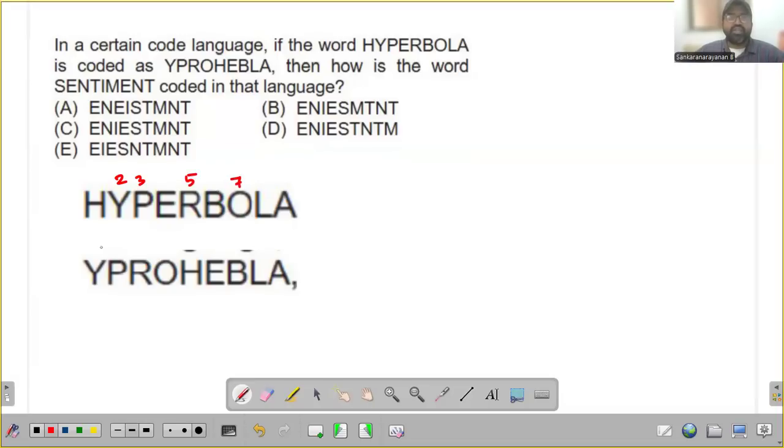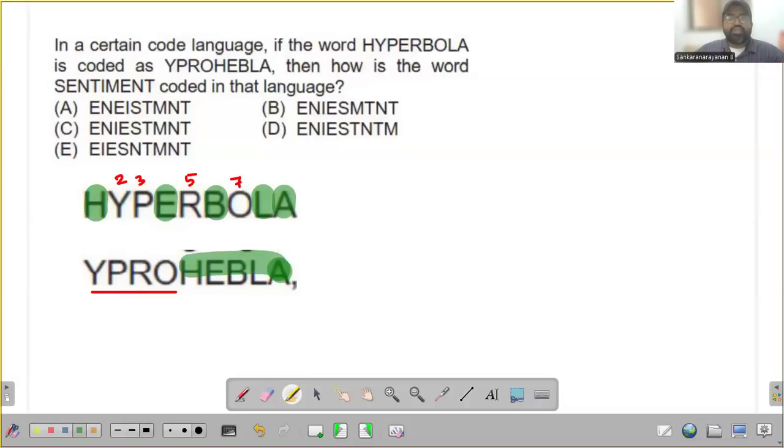The letters located in the prime positions 2, 3, 5, 7 are presented first: YPRO. Then the remaining letters we have are H, E, B, L, A.